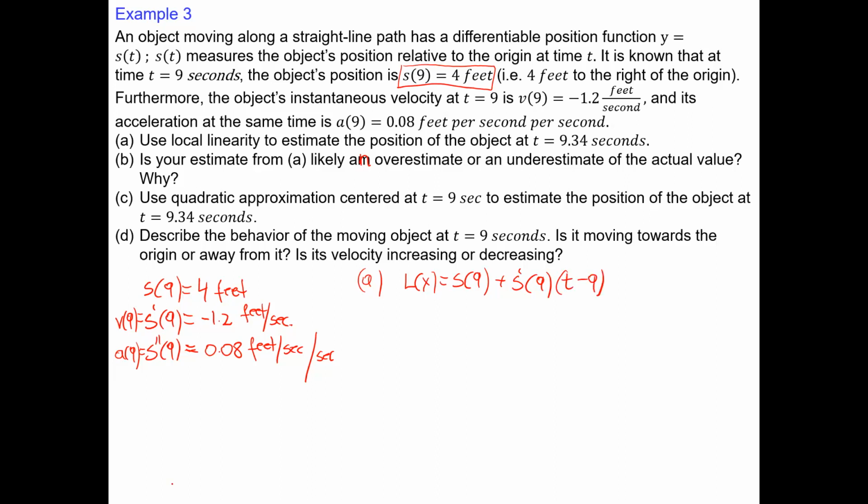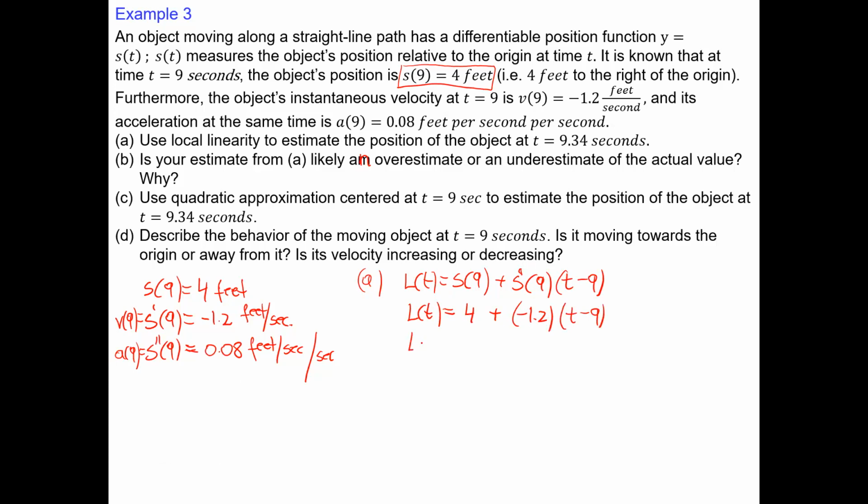Now did I say X? Again, T. Okay, that means L of t is S at 9, it's 4, plus the rate of change, the velocity, negative 1.2, times t minus 9.